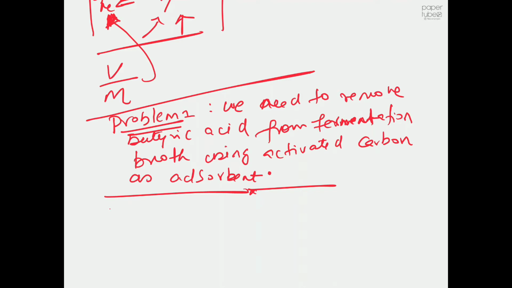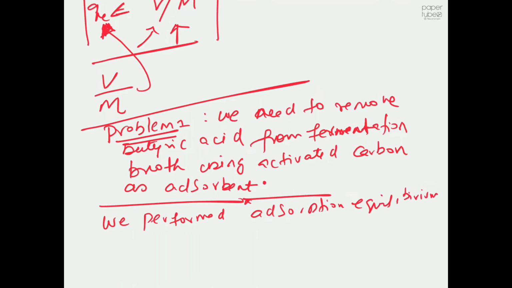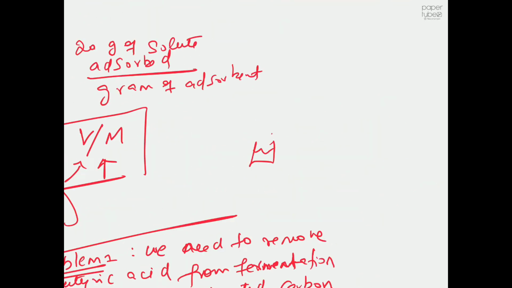So let's assume we performed an equilibrium experiment. An adsorption equilibrium experiment is nothing but whatever I explained in the previous lectures. It's just contacting your solid and solution that contains your solute until it reaches equilibrium.